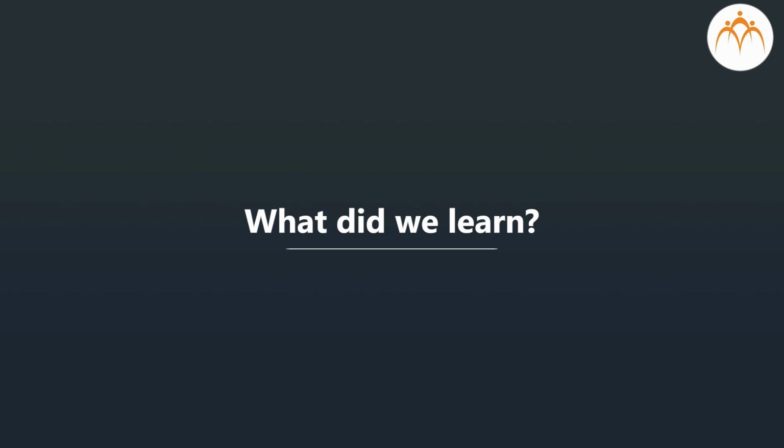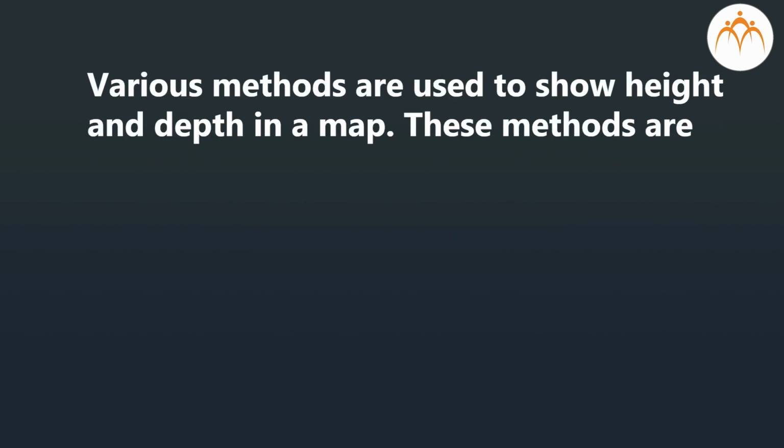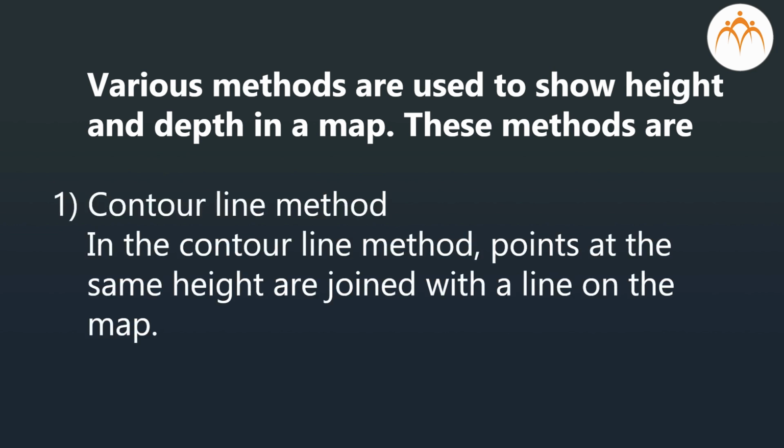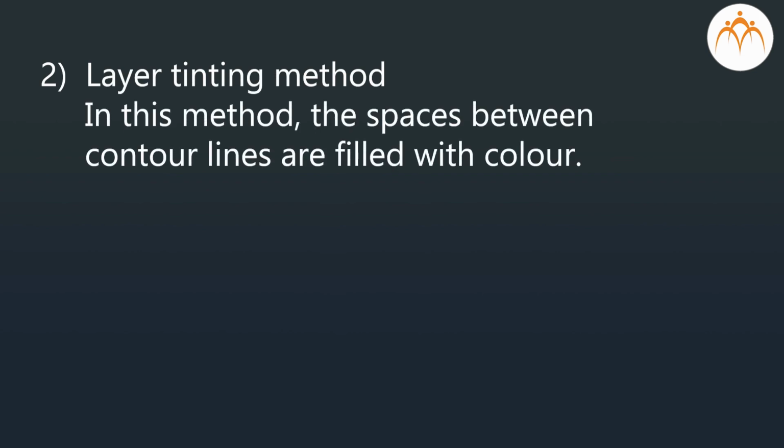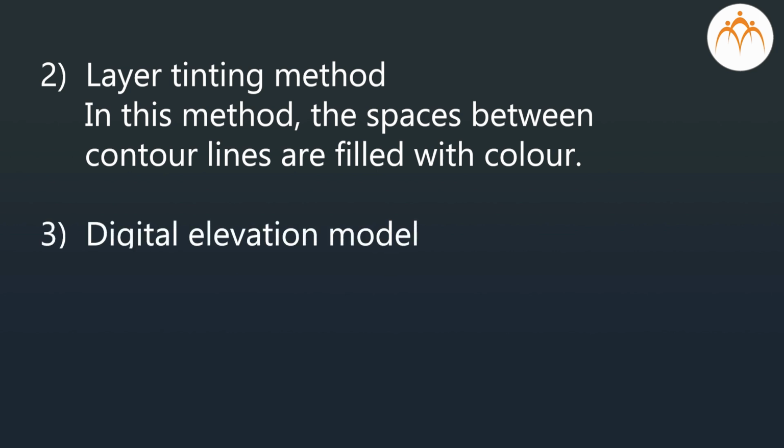What did we learn? Various methods are used to show height and depth in a map. These methods are contour line method. In the contour line method, points at the same height are joined with the line on the map. Layer tinting method. In this method, the spaces between contour lines are filled with color. Digital elevation model.